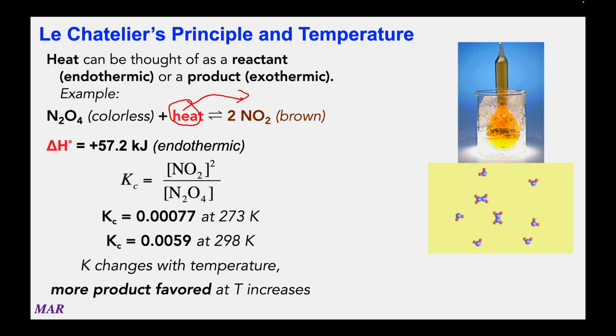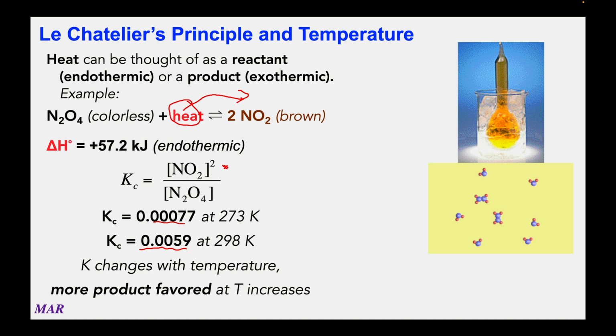So going from 273 to 298, that's like adding heat. You're making the reaction warmer. And in this case, you're going to have more NO2 and less N2O4. And in the equilibrium expression, that means more NO2 and less N2O4, and that means your K value will be larger at the warmer temperature than at the lower temperature. And that's what we see.